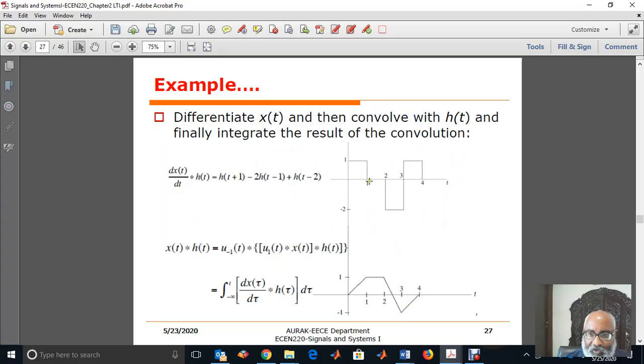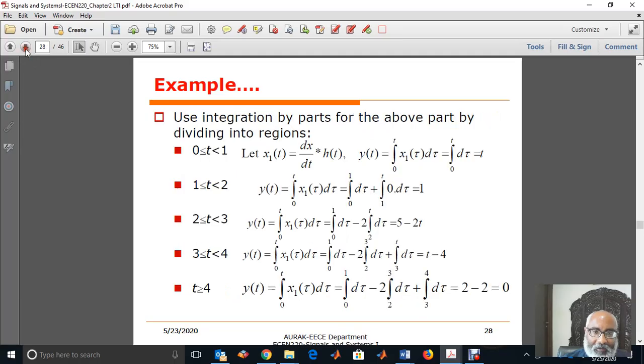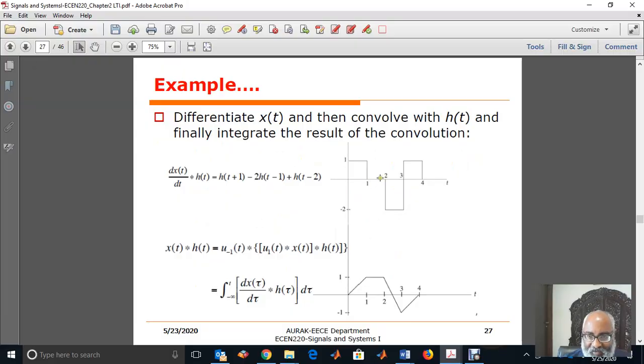And when t is between 0 and 1, it will be the integration from 0 to t of d tau, which is equal to t. And when t is between 1 and 2, I have two integrations: from 0 to 1 d tau and from 1 to t d tau, where the result here is 0.